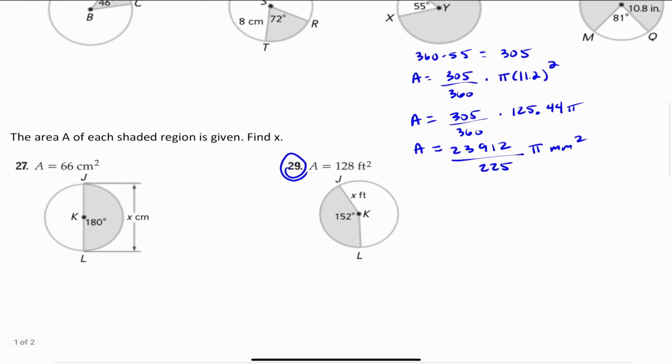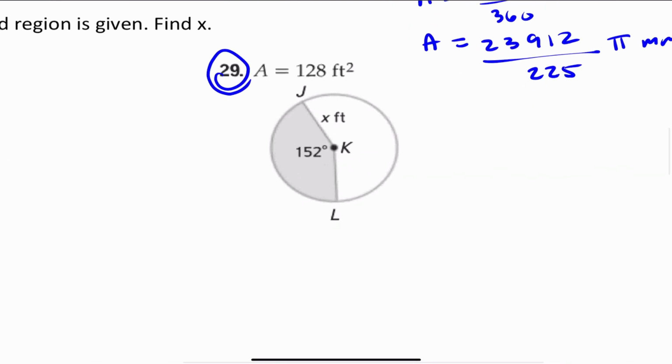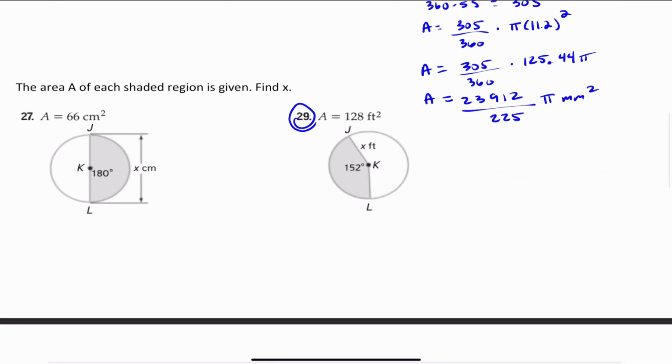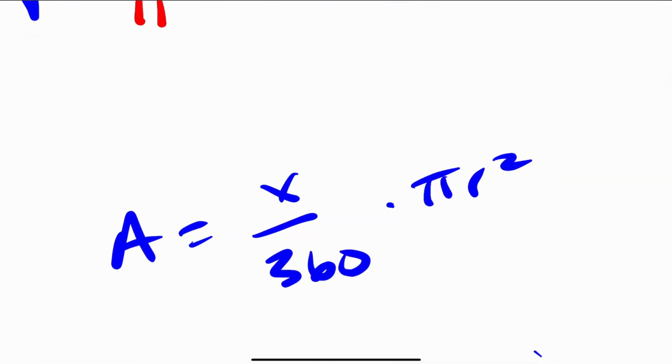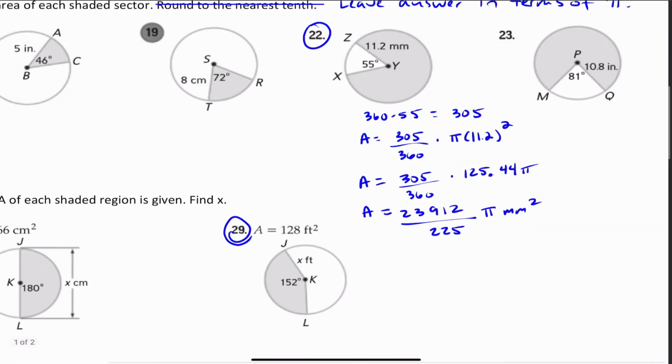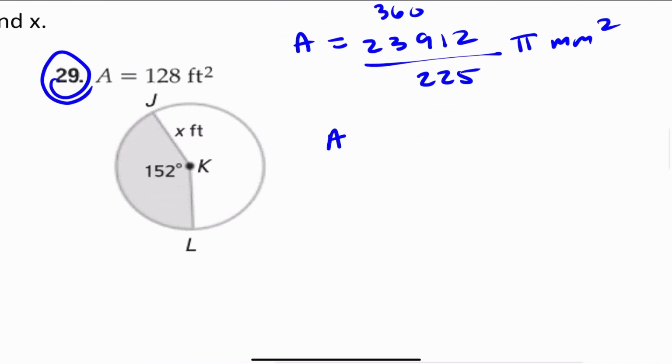Number 29, the area A of each shaded region is given. Find the value of x. Okay, so this looks like a sector area problem. So sector area is using this formula, A equals x over 360 times pi r squared. Note that the area is already given.